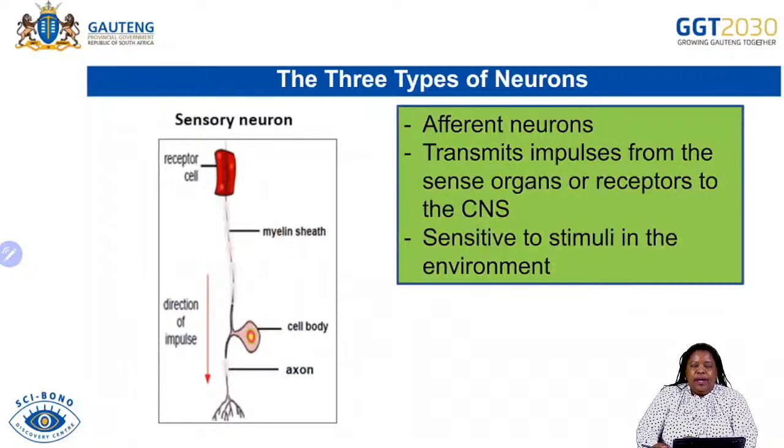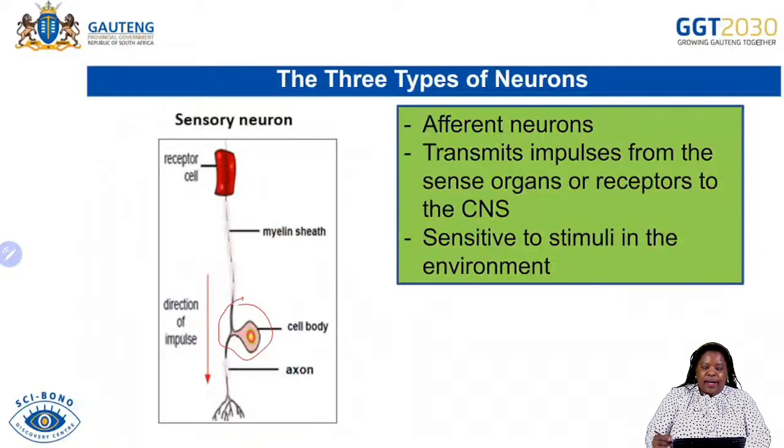Okay? Now the other type of neuron, remember, I introduced the sensory neuron. With the sensory neuron, don't forget, look at the position of the cell body, it is nearly towards the middle. Okay? So the sensory neuron is the afferent neuron.